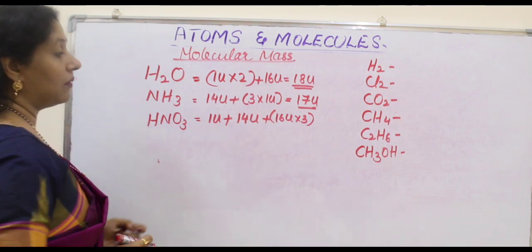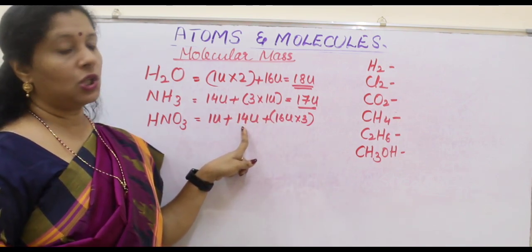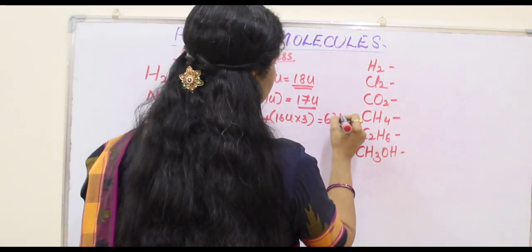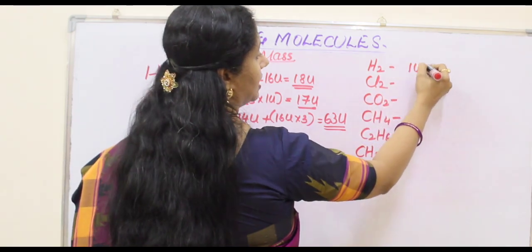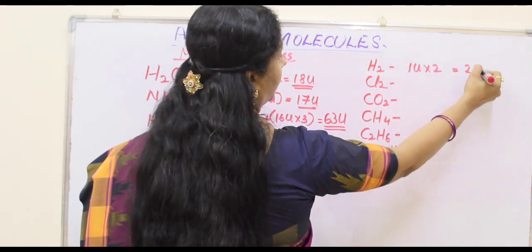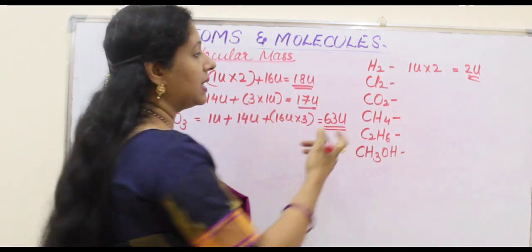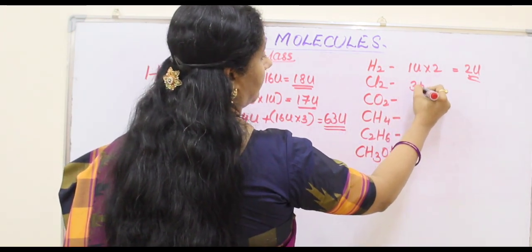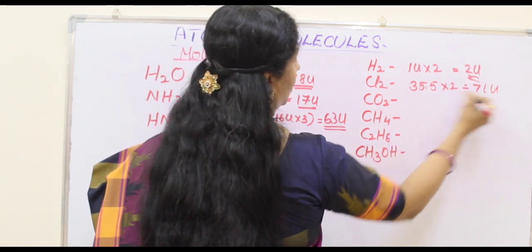So we get 48, 48 plus 14 is 62, 62 plus 1 is 63 units. Now hydrogen, very easy, 1 unit into 2, so 2 units. Unit means what? Unified mass or atomic mass unit. Chlorine atom mass is 35.5 into 2, 71U.